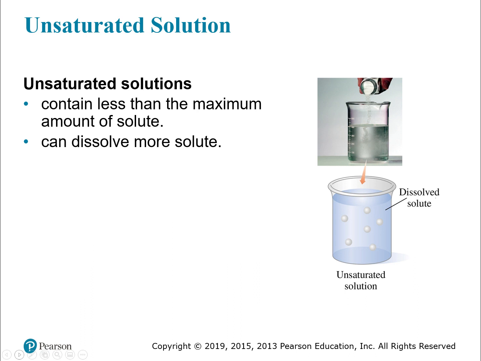Let's talk about unsaturated versus saturated solutions, because we need to build our vocabulary up. Unsaturated just means that the solution can take more solute. So it's got less than the maximum amount of solute. Let's say that we had something with a solubility of 40 grams.